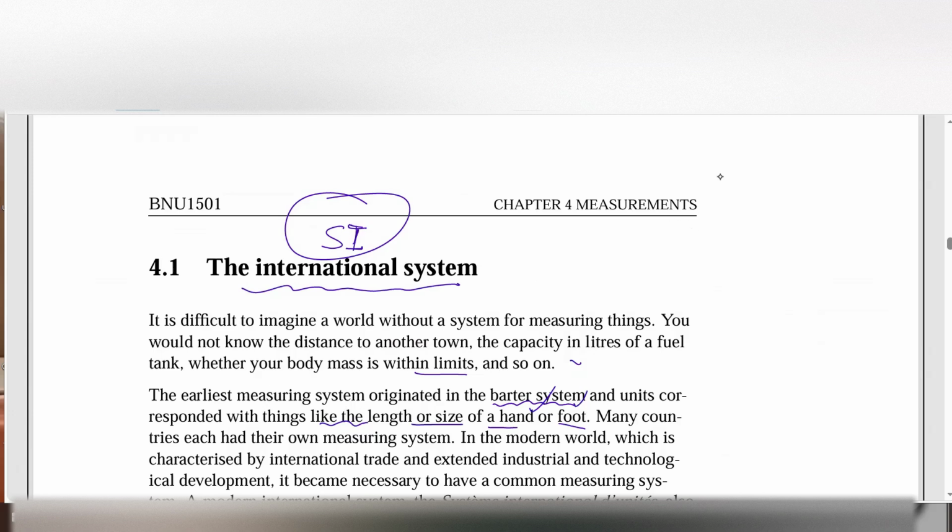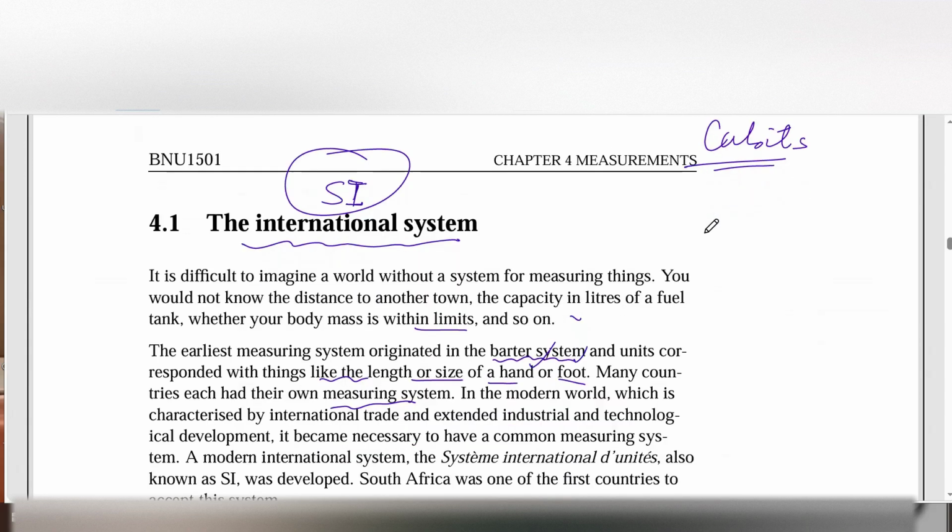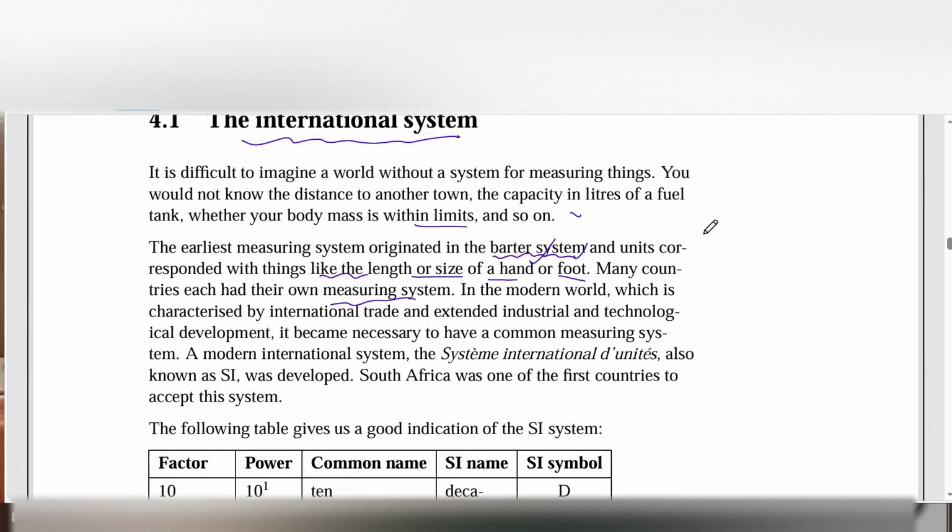We have something like cubits, when you look at the length of your hand to the elbow or something of the sort. Then many countries each had their own way of measuring things, even time. They would just look at the position of the sun and tell that it is maybe 12 o'clock, or 3 o'clock, until the normal clock was invented.